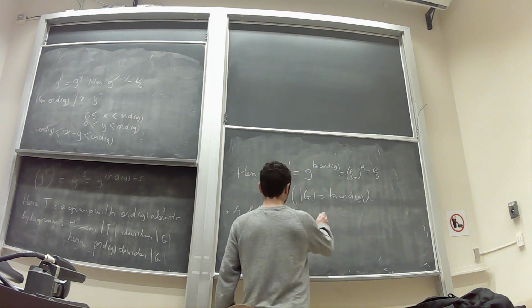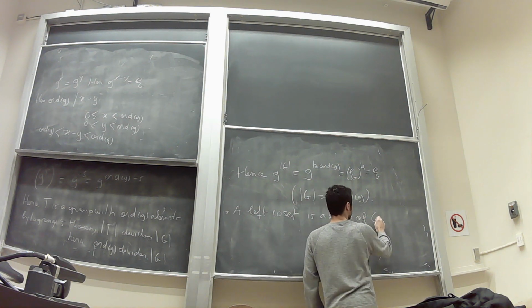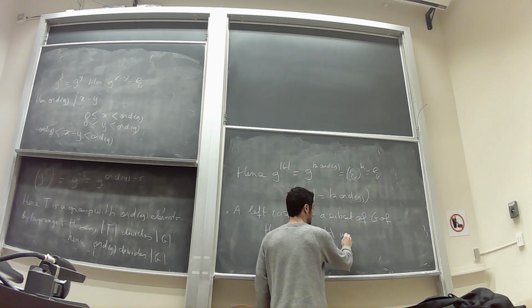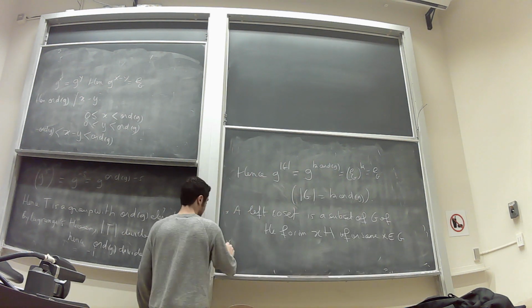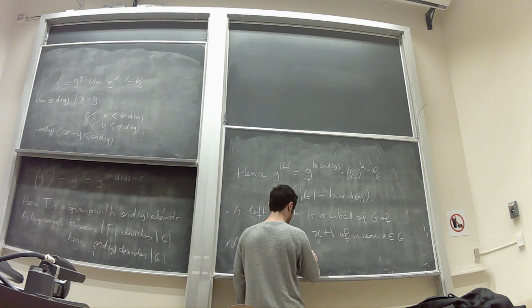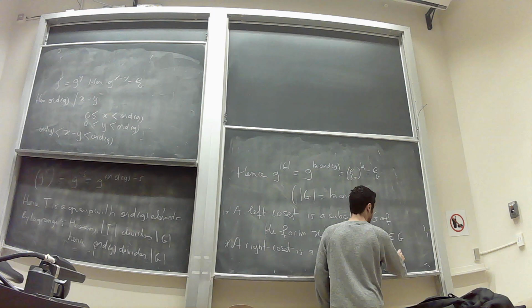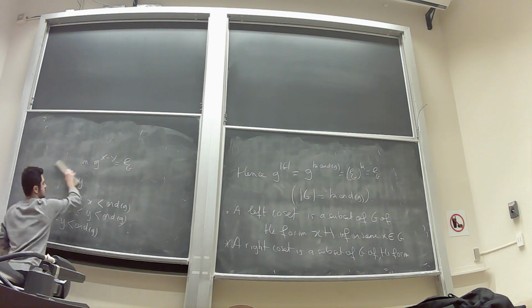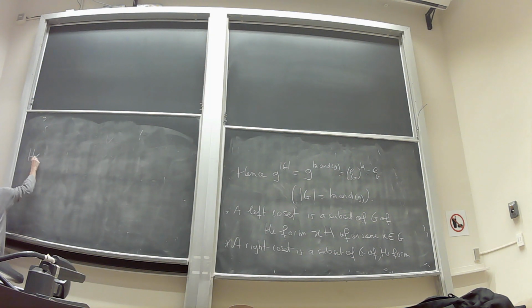Great. So we saw that a left coset is a subset of G of the form xH for some x in G. A right coset is a subset of G of the form Hx.